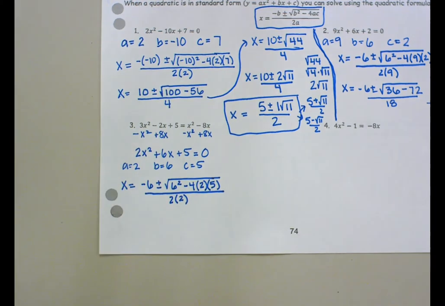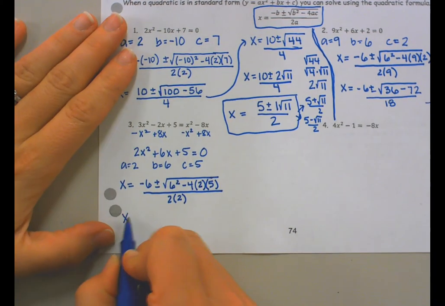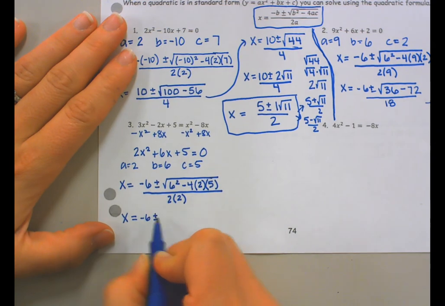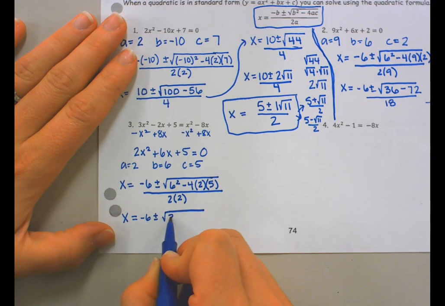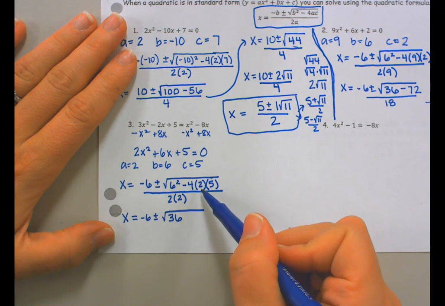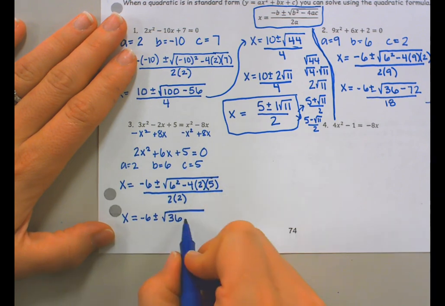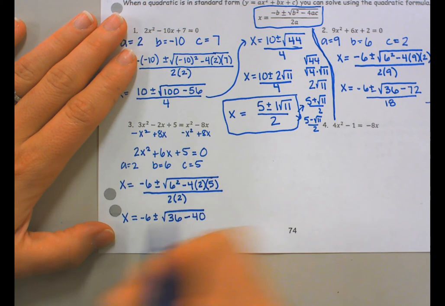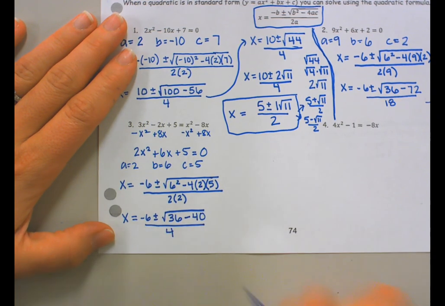So I plugged in all my values, and now I'm just simplifying. The front will stay negative 6 plus or minus the square root of 6 squared, which gives me 36, minus 4 times 2, which is 8, times 5 is 40, all over 4.